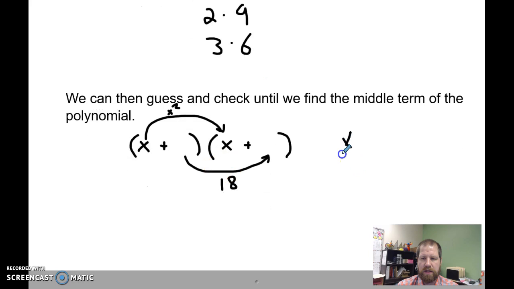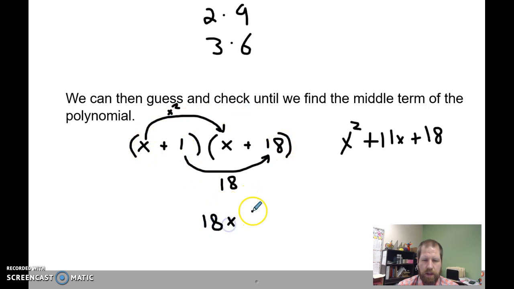Remember we had x squared plus 11x plus 18. Okay, so if I say this is 1 and this is 18, yep, I still have my x times x, which is x squared. And I have 1 times 18, which is 18. And then I'm going to have x times 18, which would be 18x, and I'm going to have 1 times x.